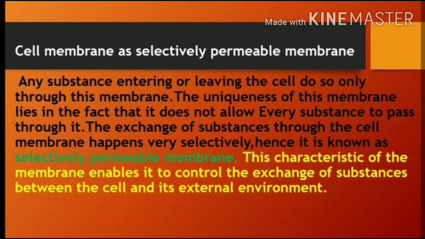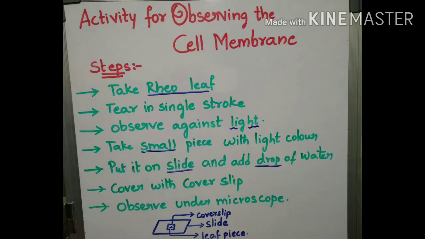However, we can observe the cell membrane only through an electron microscope. Let us perform an activity to observe the cell membrane. Here we are going to take a Rhoeo leaf, then tear the leaf in such a way that in a single stroke we can get the peel out of it. Then observe it under the light.